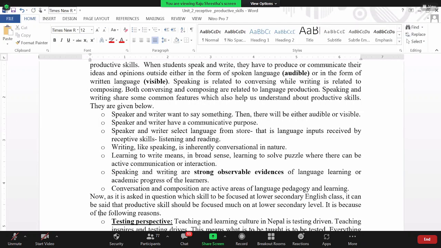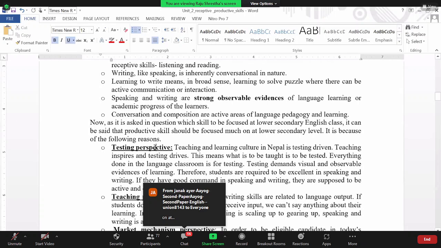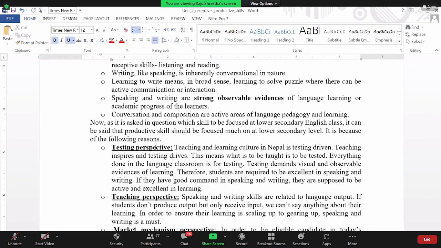It is because of the following reasons. Our reasons are testing perspective. When we test language, from the examination perspective, when students do not speak and do not write, then we cannot judge their progress.